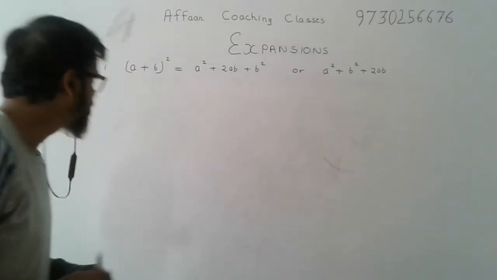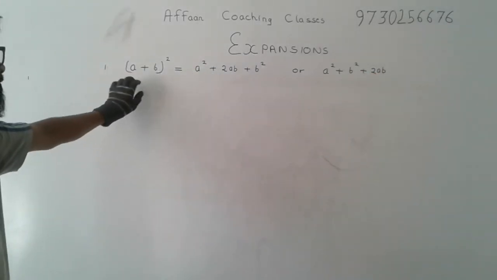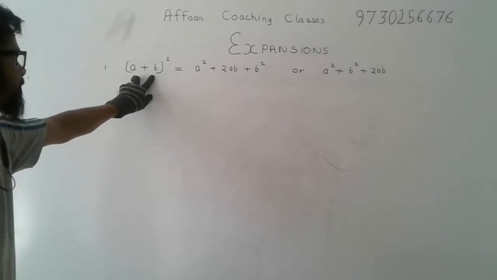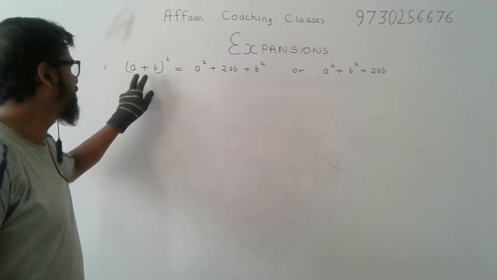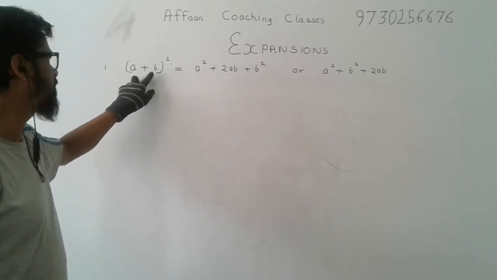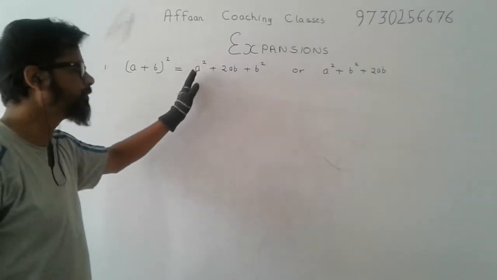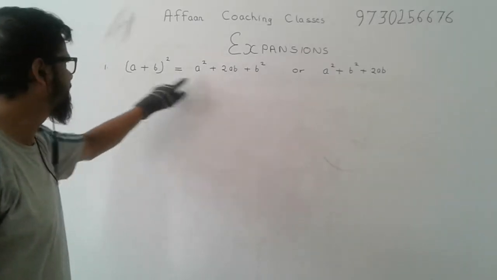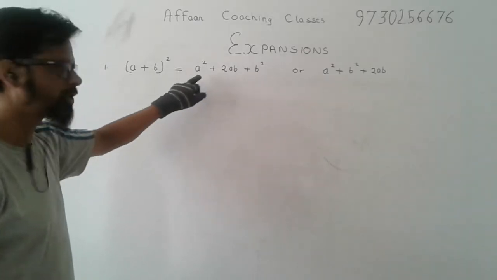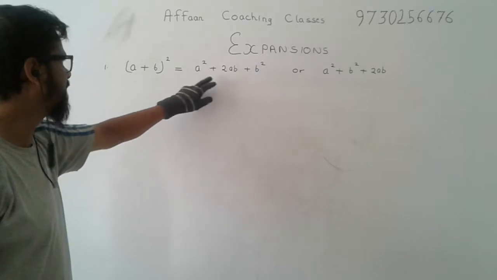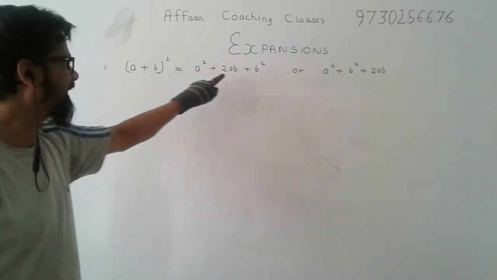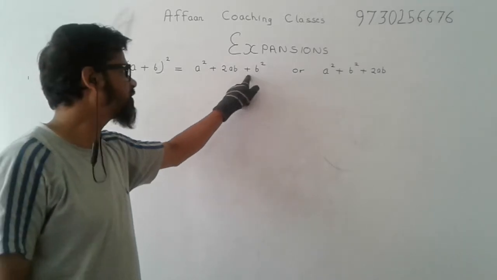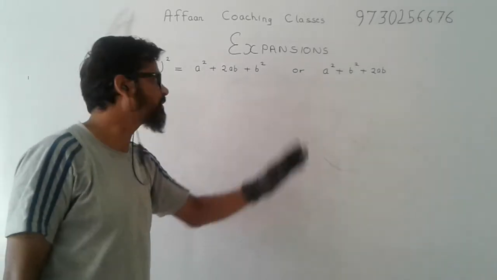This is the formula. Whenever you have two terms, means you have two numbers over here, right? They are separated by a plus sign, right? Whenever you have two terms separated by a plus sign, you have to use this formula. The first term a, so the answer for this first term square, that is a square, plus 2 multiplied by the first term a multiplied by the second term, that is b, then you have plus b square, that is the second term square.